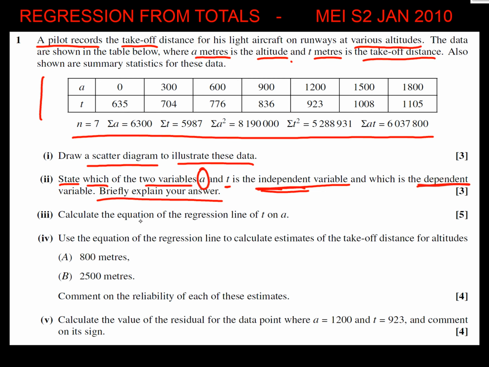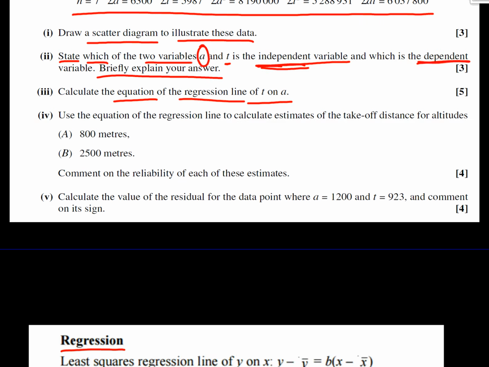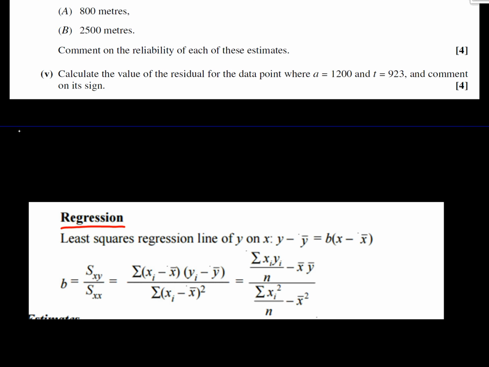Okay, part 3. Calculate the equation of the regression line of T on A. So the first thing we're doing here is this part 3. We're doing the regression line now, aren't we? There are two things we need, one of which is the data formula book, which is below here for the formulae, and the other is which is x and which is y.